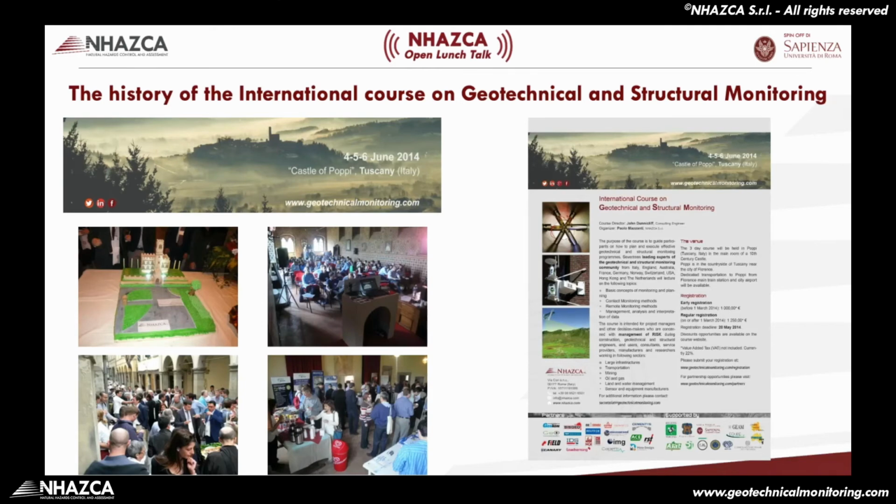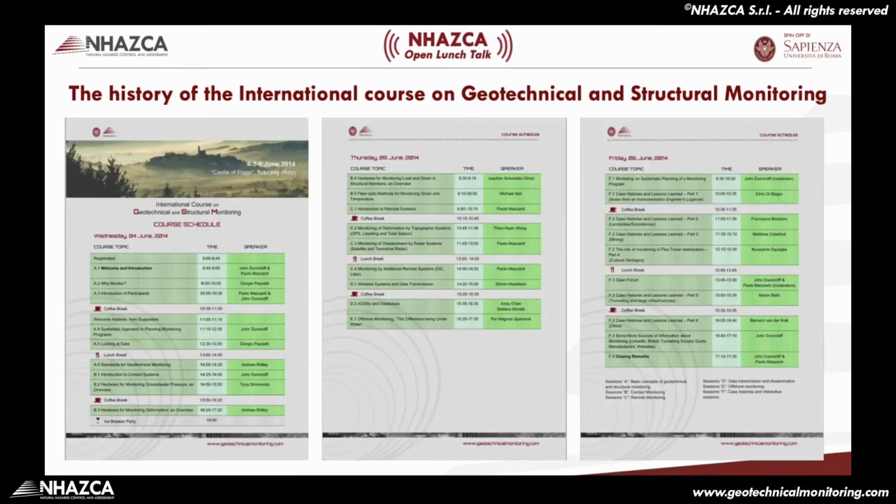On the right are the flyers of this event, and that's the schedule, the first schedule, which was not so different from the courses organized by John in Cocoa Beach. So, of course, the legacy was that course.